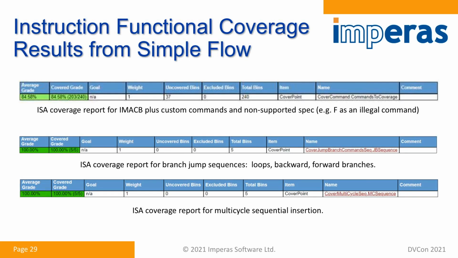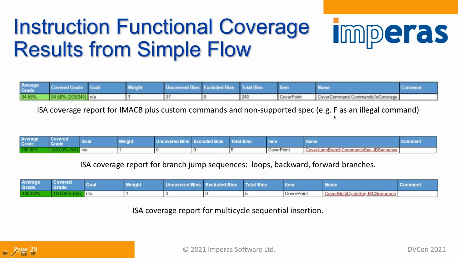Using the simple step and compare flow, we're able to do behavioral verification, or verification of the behavior of the simple commands. But this also includes being able to look at things that are not supported in the spec for the processor.